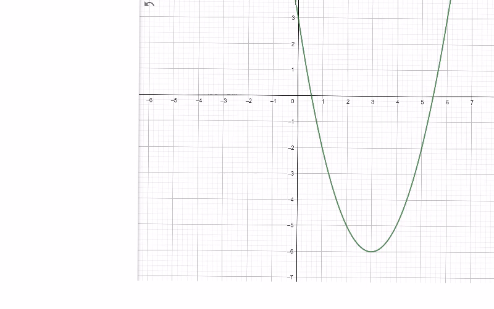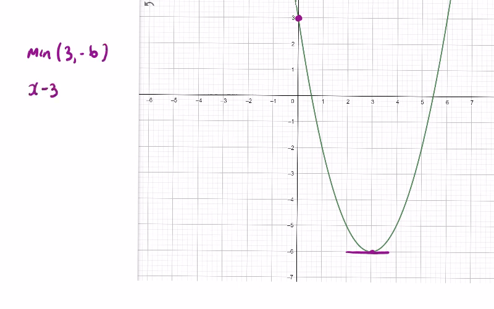Okay, Raj, what function is this? What can you identify? The minimum point is 3, minus 6. Let's just check our y-intercept on this one as well.